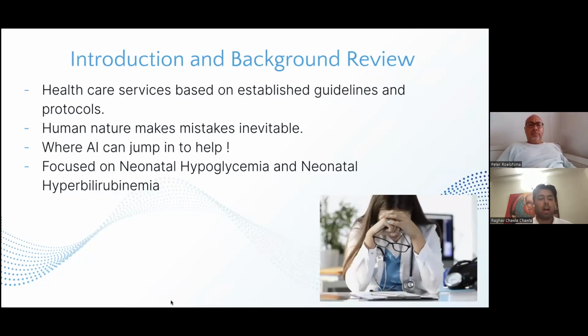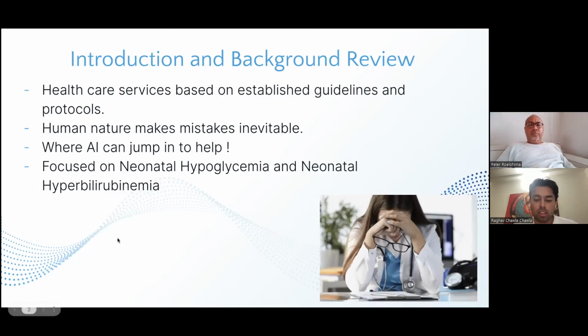And this is where AI can jump in to help, because in real life, AI is a computer program, and it allows for a perfect memory. Because it's computerized, it can repeat the same program without fail.